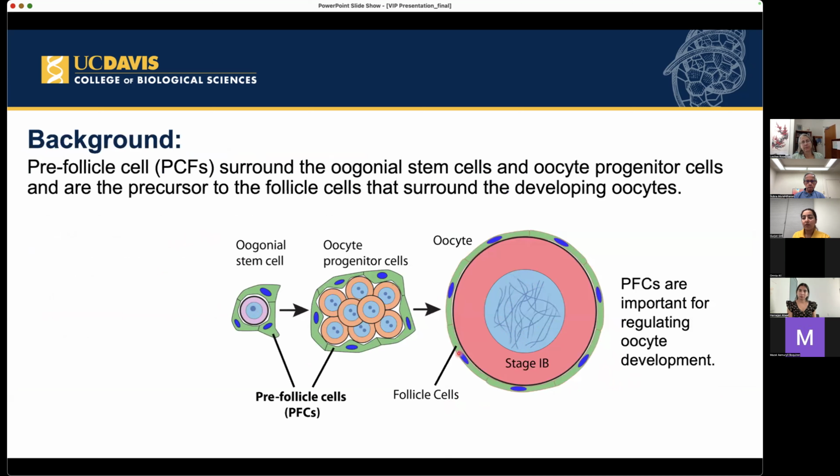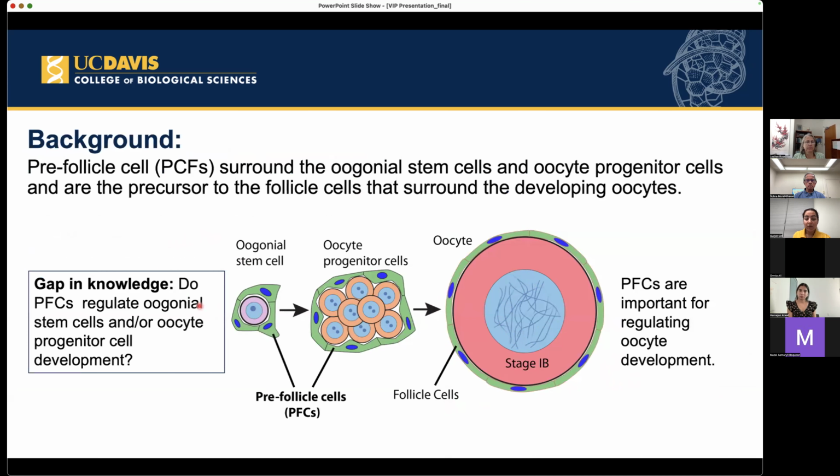For example, one of the main roles of follicle cells is the primary production of estrogen hormone. Now, the question arises: since prefollicle cells surround oogonial stem cells and oocyte progenitor cells, do they have a role in their development? In order to answer that question, we studied the genes that are expressed in the prefollicle cells.